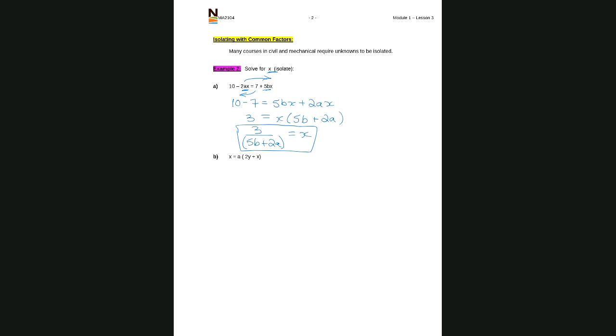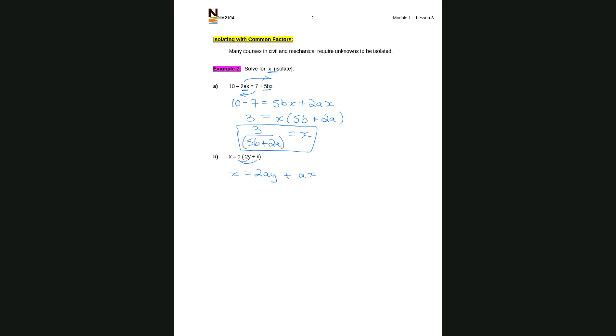Same thing for 2b. However, here we might have to multiply this a in order to group the x terms together. I'm going to put it in alphabetical order, so that a is going to be sandwiched there between the 2 and the y. Now we're isolating x, not y or a.